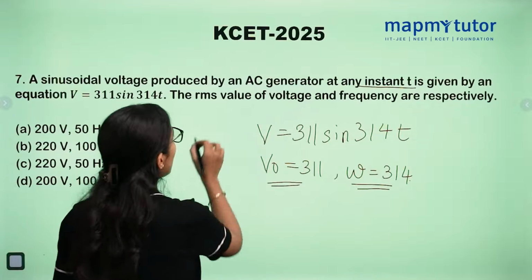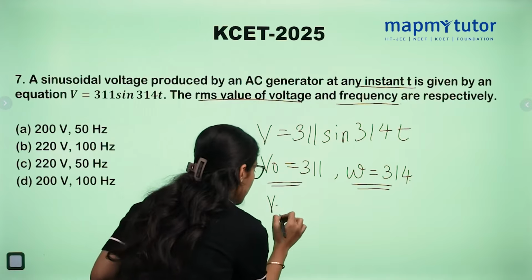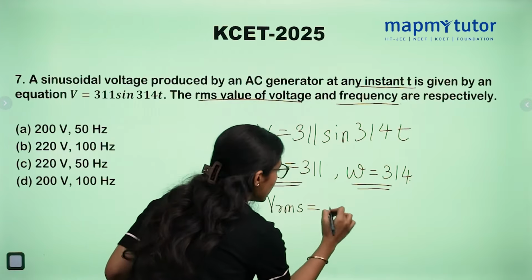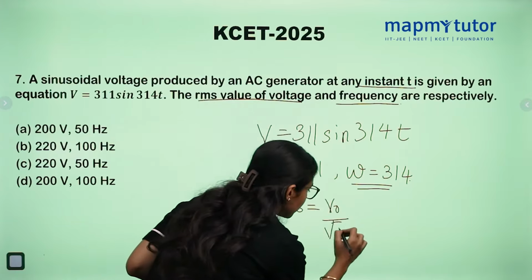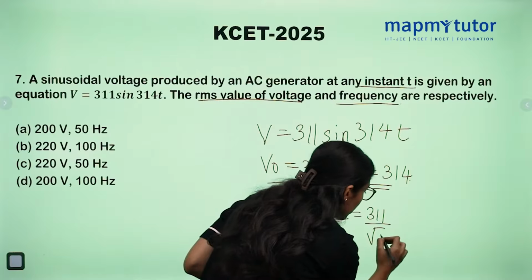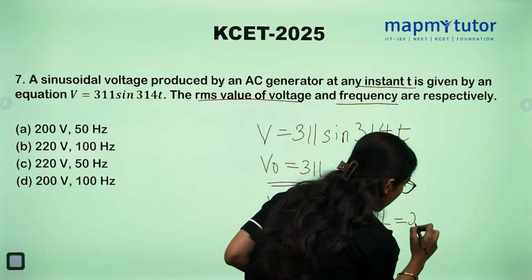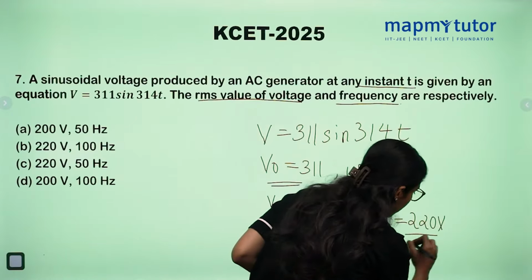What you need to find out is the RMS value of voltage and frequency. So VRMS, we know the formula is V0 by root 2. So you will put 311 by root 2. Now you should do these calculations by yourself in your notebook. It will come out to be 220 volts.